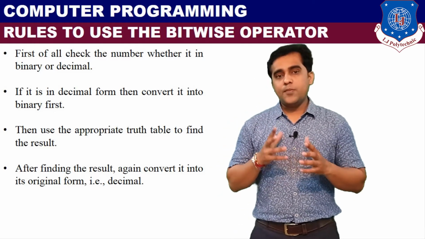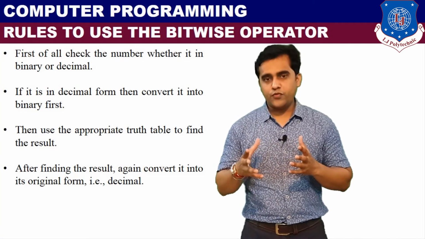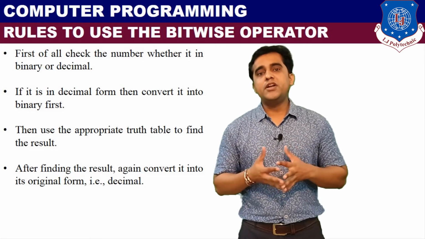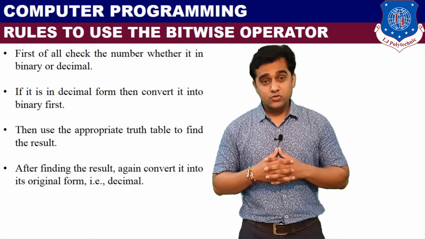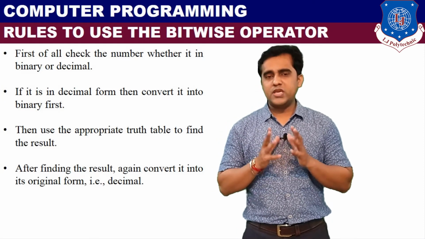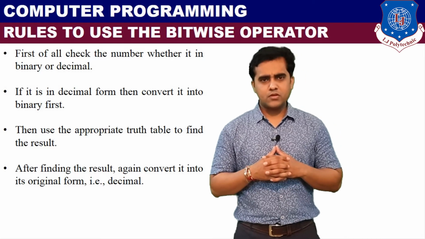Then apply the appropriate truth table for that particular operation to find the result. After finding the result, convert it back into decimal. So there are these basic four rules that you have to keep in mind when you are dealing with bitwise operator.